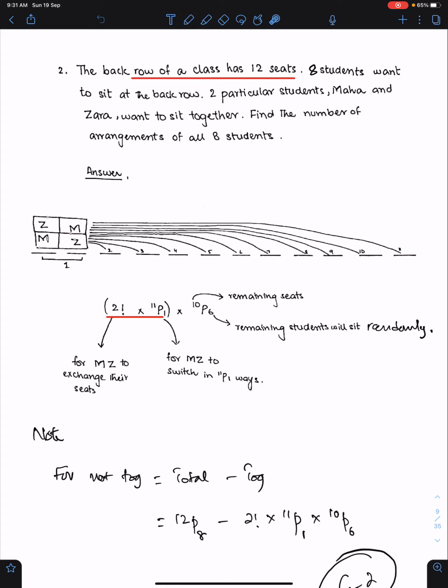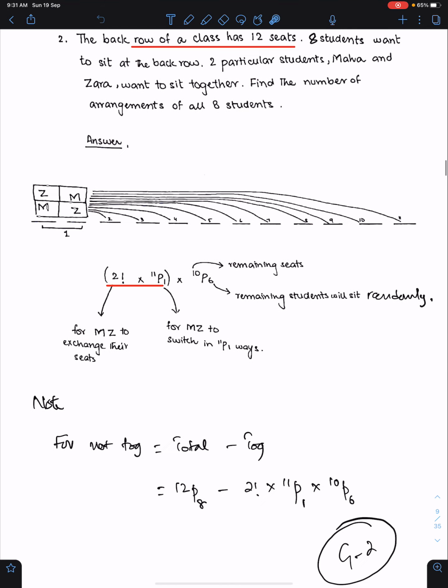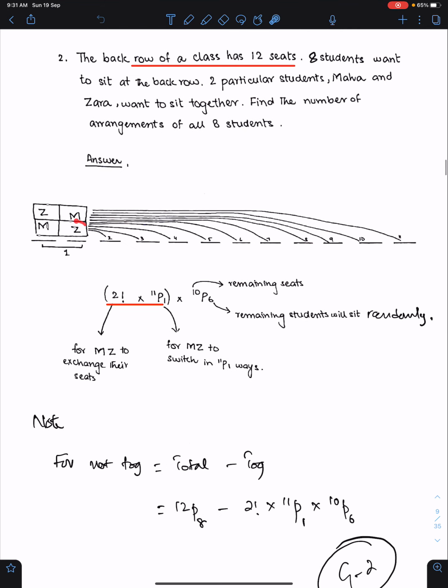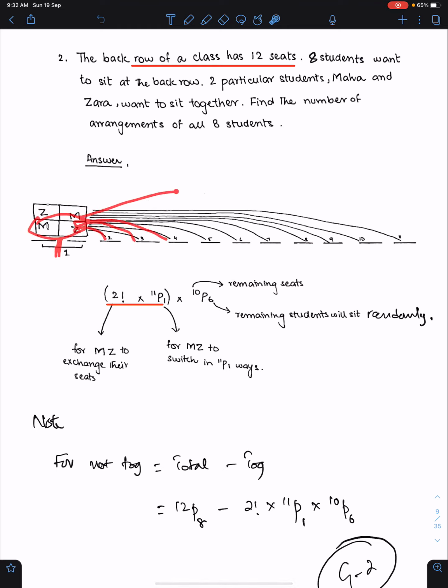This is so simple. We have already done a question of this type here. For Maha and Zara, you need to write 2 factorial. And I told you if there are 12 seats, then it should be 11P1. There are 11P1 ways for them to switch their places as a group. This is the first place, second, third, fourth, and 11th.